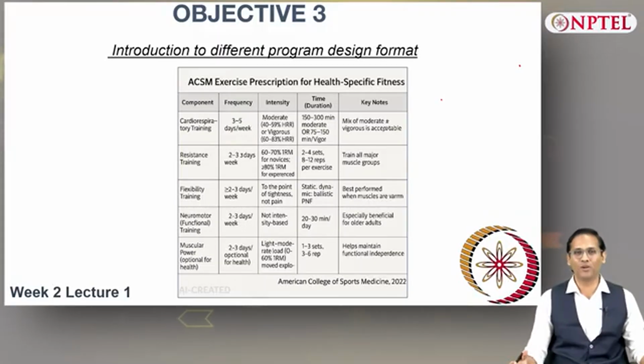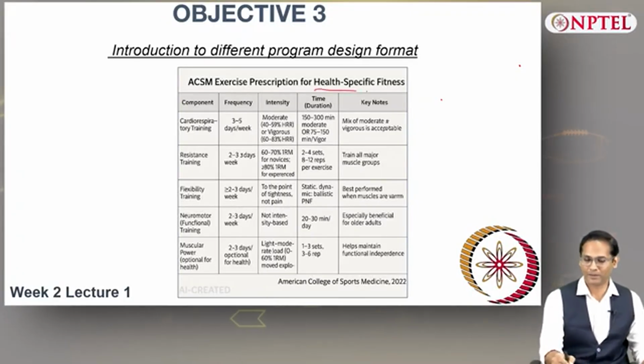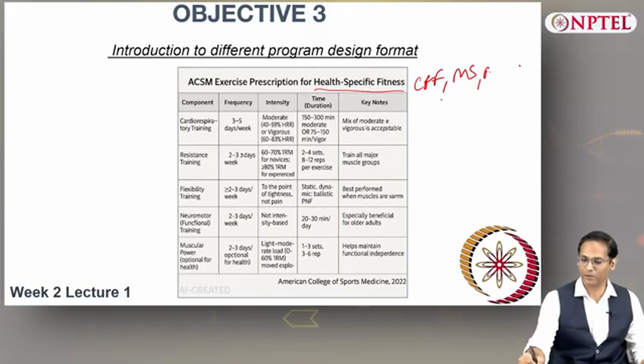Here is an example of ACSM's exercise prescription for health specific fitness. Health specific fitness means cardio fitness, muscle strength fitness, muscle endurance fitness, flexibility fitness, and body composition.